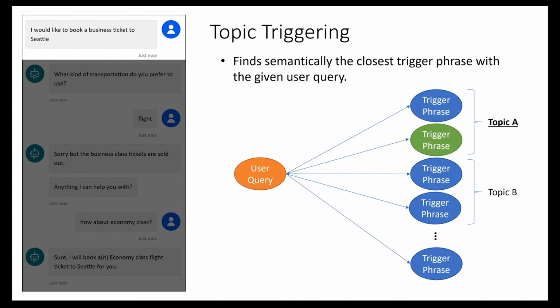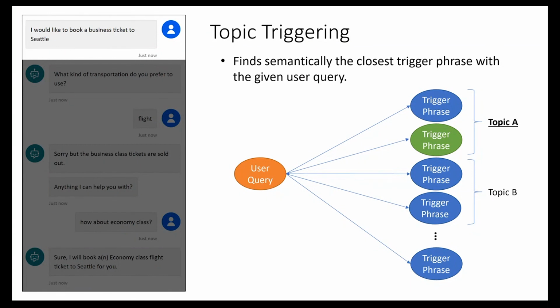It will see what is the topic associated with that, and it will trigger the topic. But if there are two topics which have very similar trigger phrases, that is when the did you mean prompt happens, where the bot says, sorry, I did not understand, and then prompts with all those various potential conflicts, right? And this can be avoided, as I said, by making the topic triggers fairly unique and following some best practices.